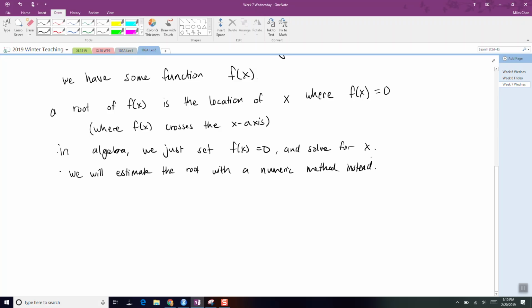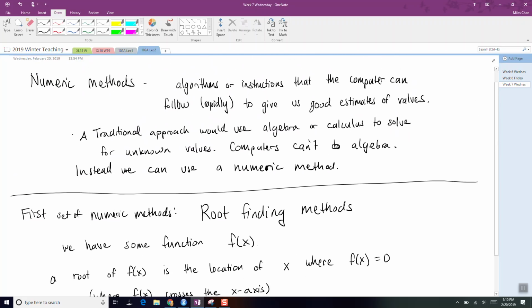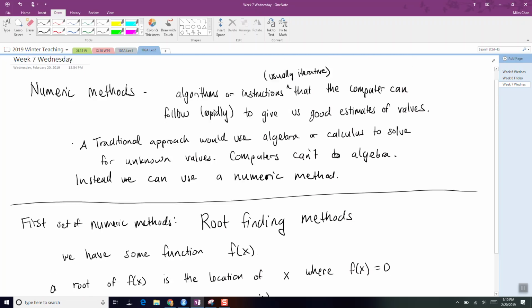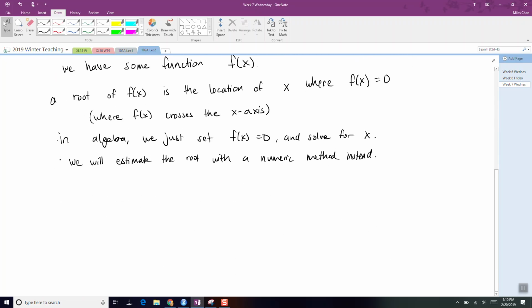Numeric methods are almost always iterative in nature, meaning that you'll start it and then you'll repeat it over and over again.